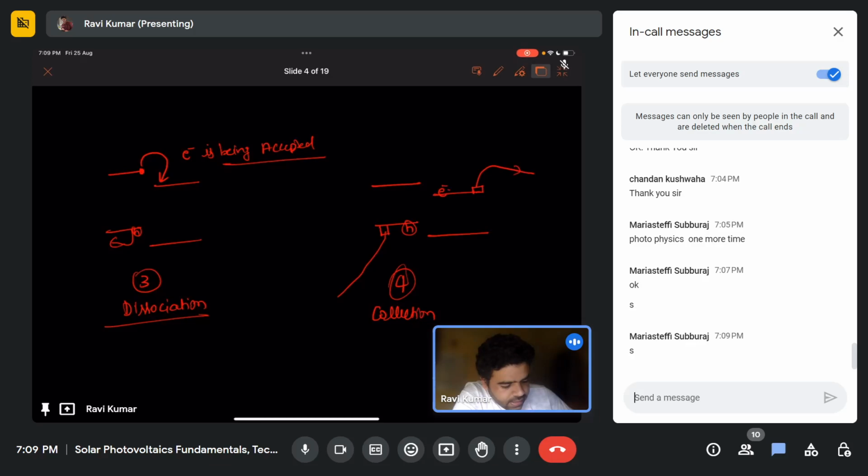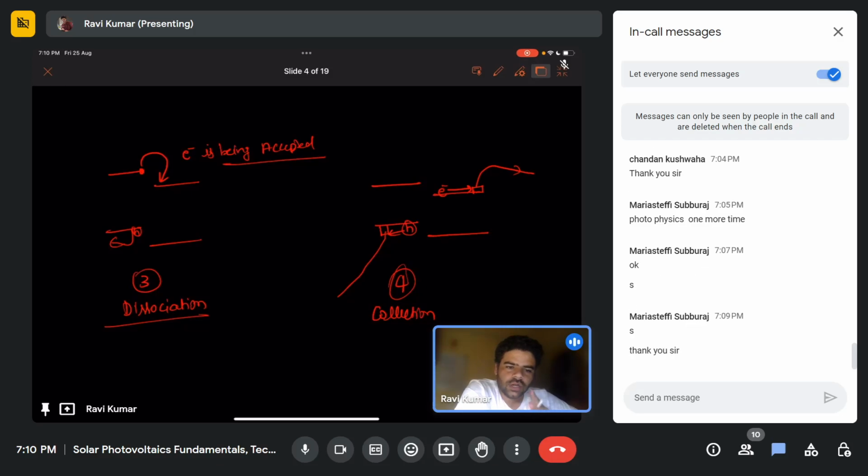It will be collected by this metal contact, and it will be collected by this metal contact. This is the fourth step, that is the collection. This is all about the photophysics of an organic solar cell. I hope you understood all the four steps. Okay, you are welcome.